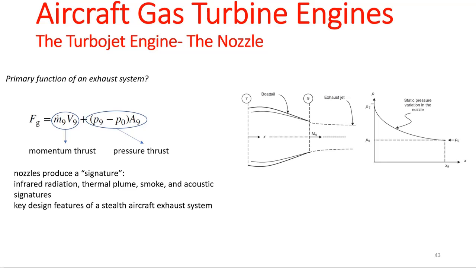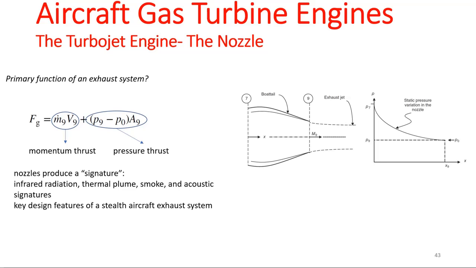But we talked about one of the differences between the nozzle and a diffuser, the flow deceleration versus the flow acceleration. What is the other difference between the diffuser and nozzle, right? What do you think the other difference is? We talked about the velocity part.